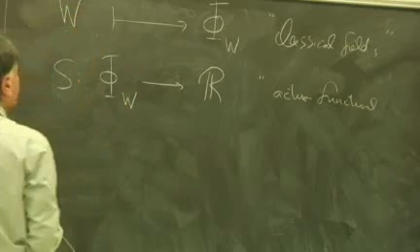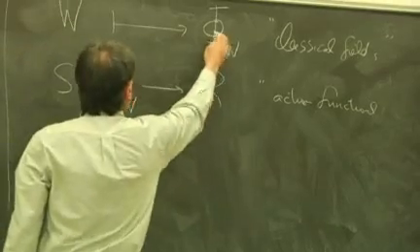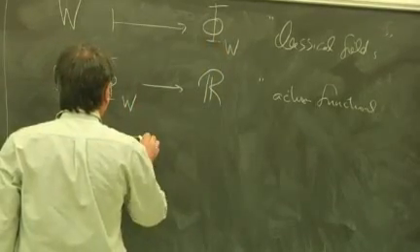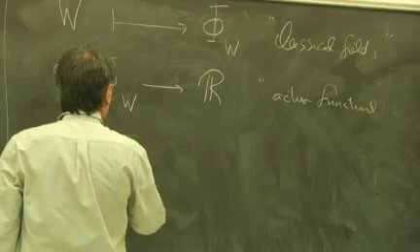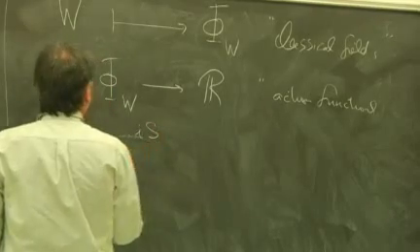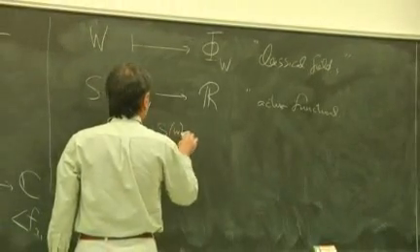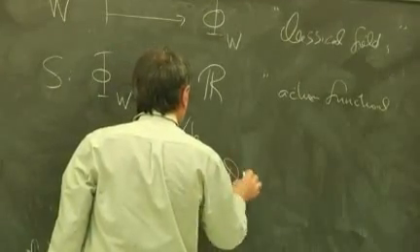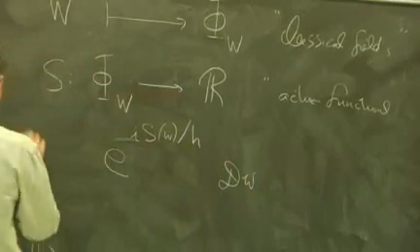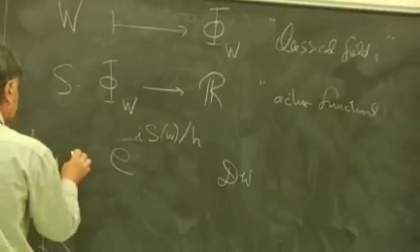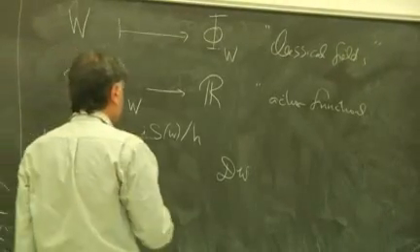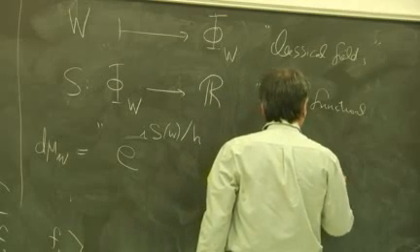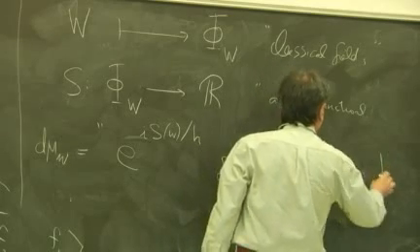And out of these things, we're meant to somehow produce a measure on this space, which is traditionally written with h being Planck's constant, the complex valued measure on these classical fields.